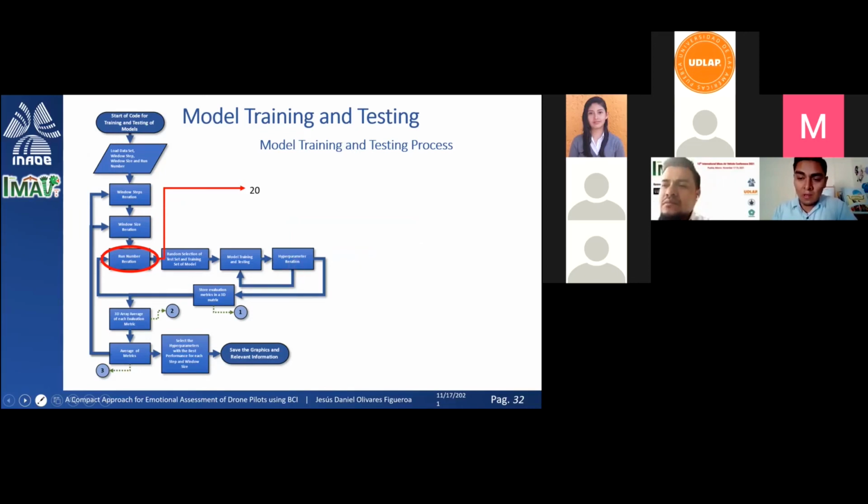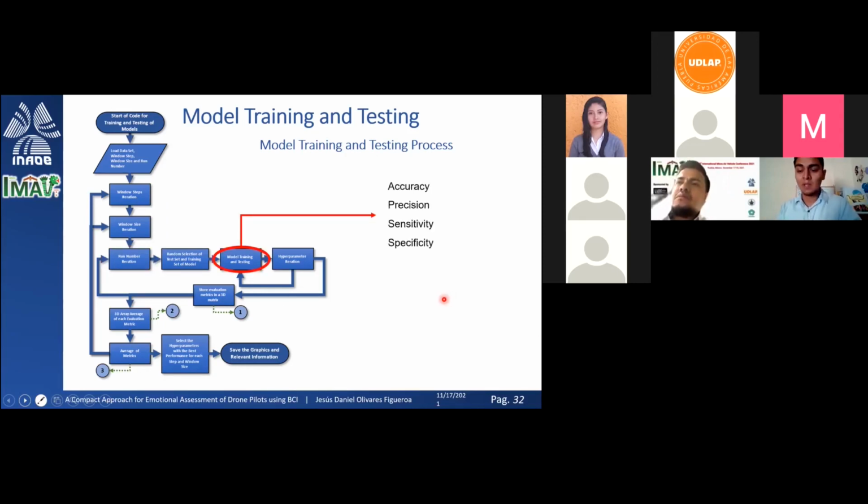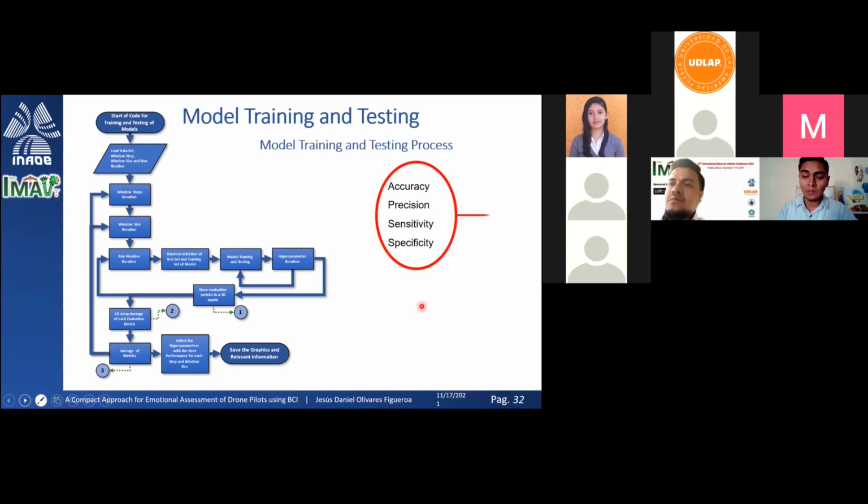Also, models are evaluated in their training and testing stage with accuracy, precision, sensitivity, and specificity. And finally, the mean of the 4 metrics was calculated to select the KNN and SVM hyperparameters with the best average for each step and window size.